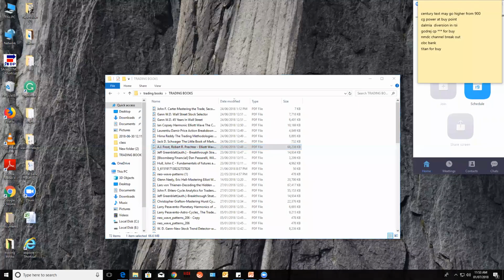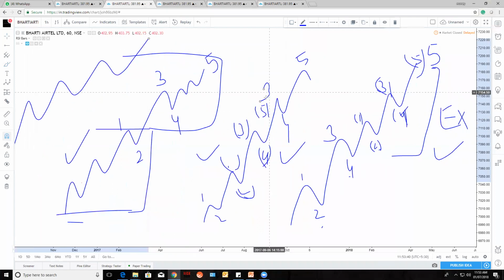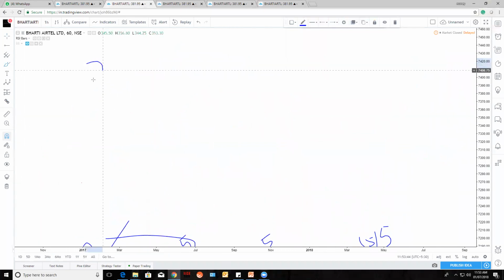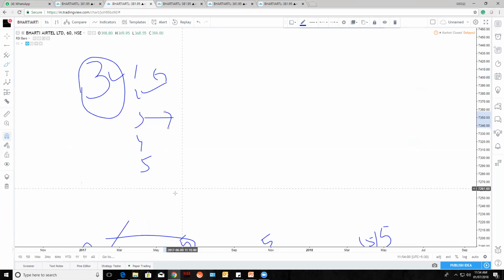Up to now, from morning, we know the 3 rules to call it an impulse. Once again, I'll repeat: wave 1, wave 2, wave 3, wave 4, and wave 5. Wave 2 cannot retrace more than 100% of wave 1. Wave 3 cannot be the shortest, and wave 4 cannot overlap wave 1. These are the 3 rules.